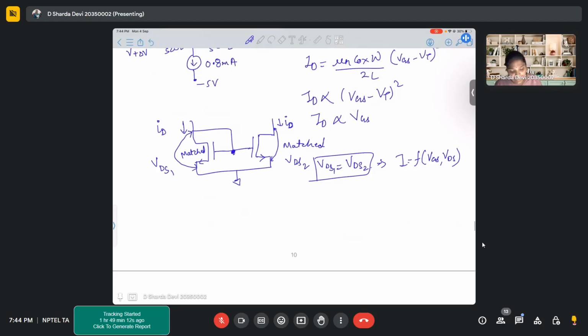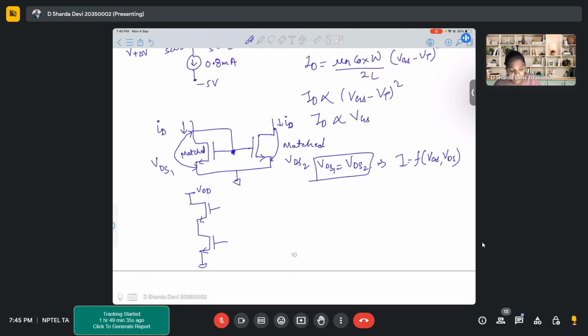So when we say the transistors are connected in series, let's say this is a series combination. Now let it be a PMOS, NMOS, or PMOS and NMOS. It can be anything, right?